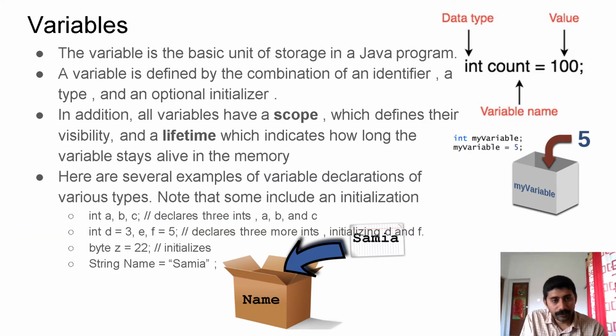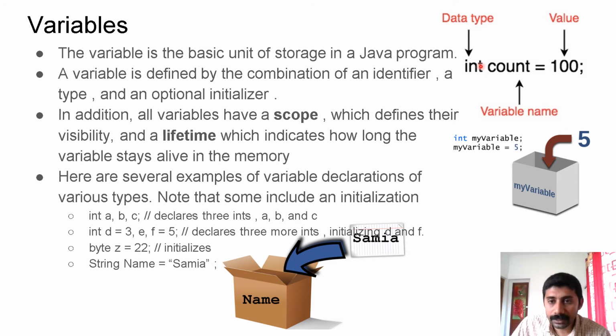Now we have already used variables in many examples. Here we are formally telling what a variable is. A variable is the basic unit of storage in any programming language. Here we are talking about Java. A variable is defined by the combination of an identifier or name, a type, and an optional initializer.